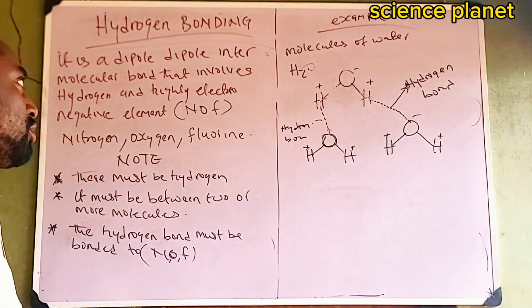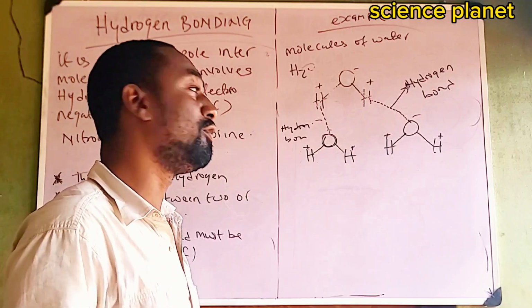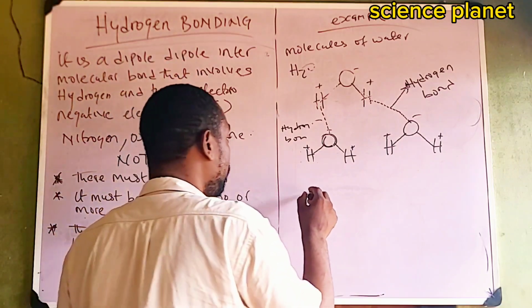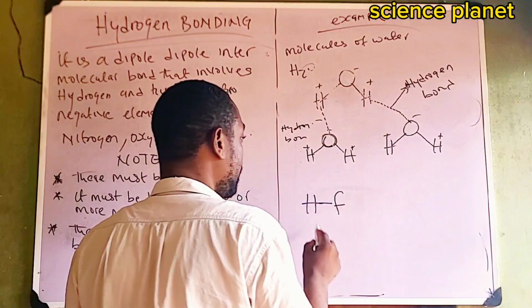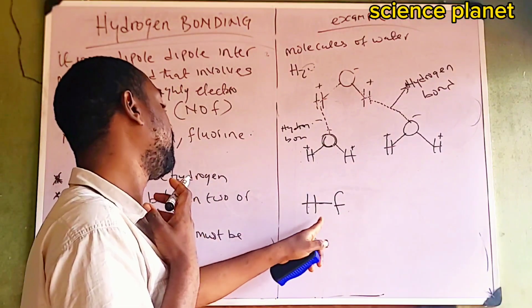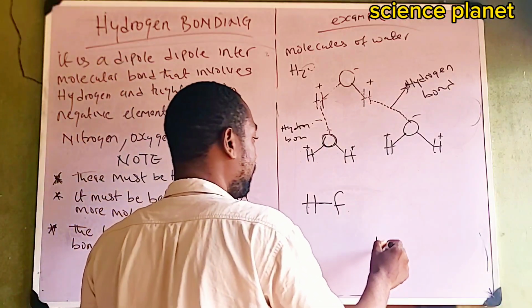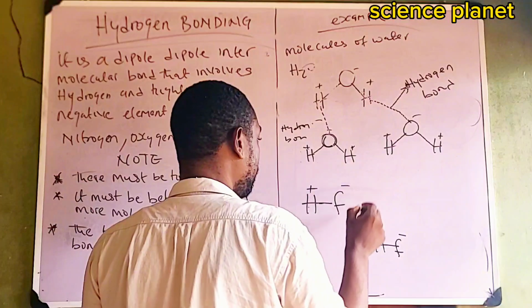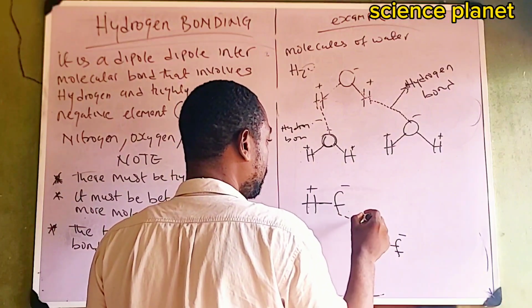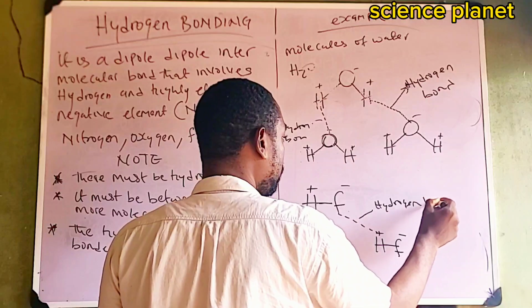We have more examples. You can also have example of hydrogen fluoride. Let me do hydrogen fluoride, HF. HF is a covalent bond, but then positive, negative. So this is hydrogen bond.